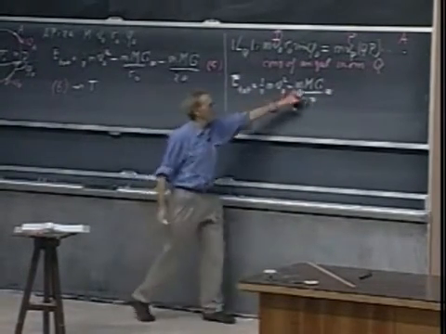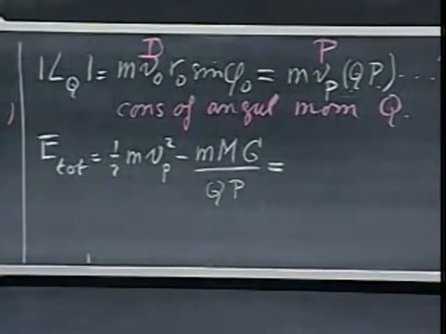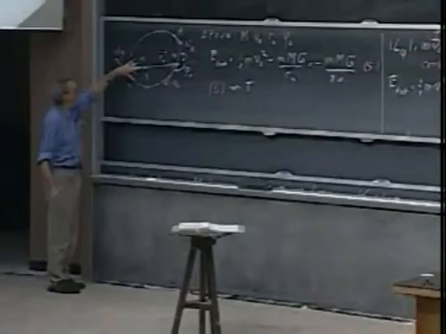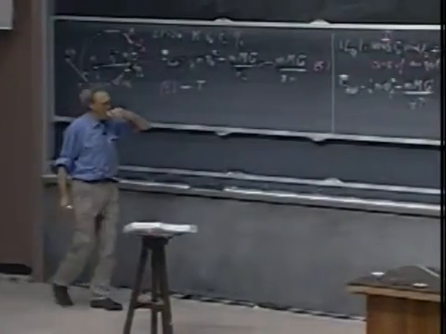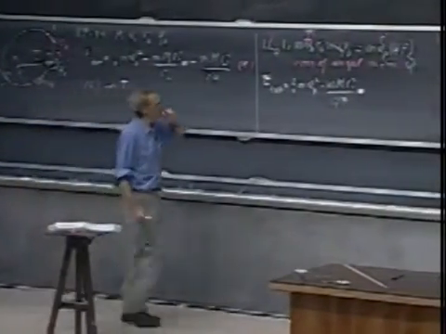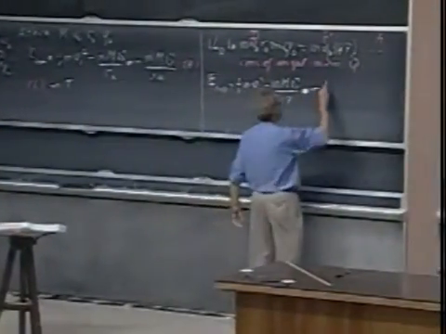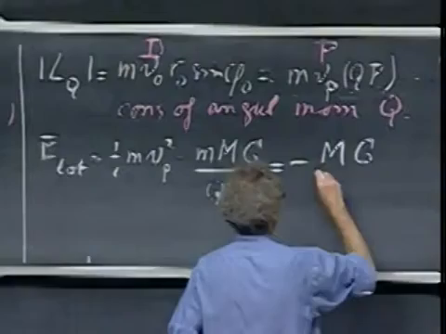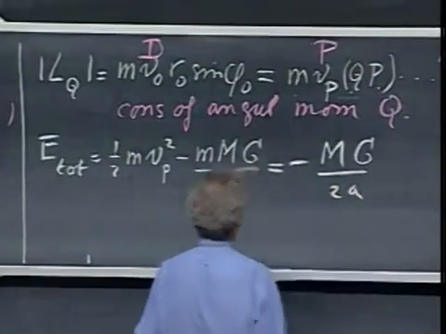This is the potential energy when the distance between capital M and little m is QP. But this number we know, because that is minus MG divided by 2a. That's our equation number 5.